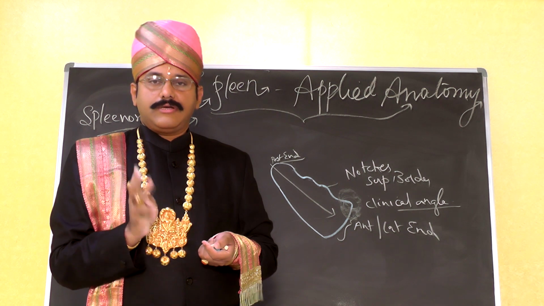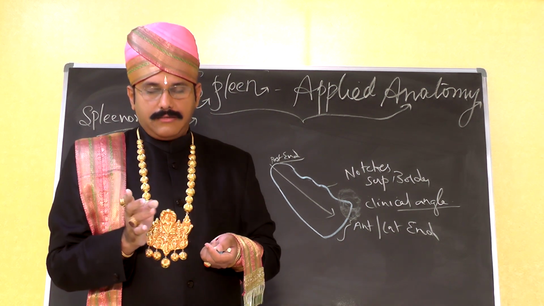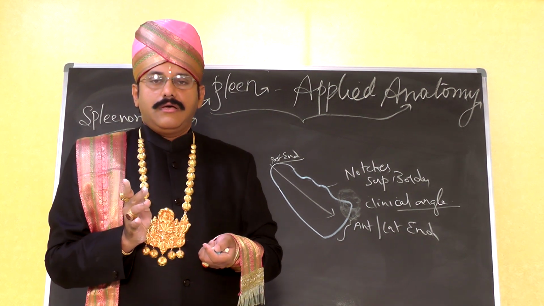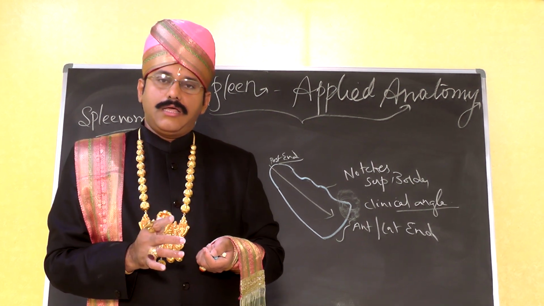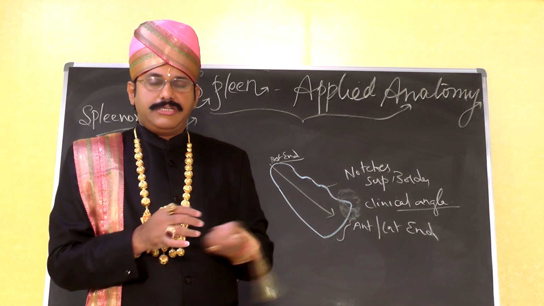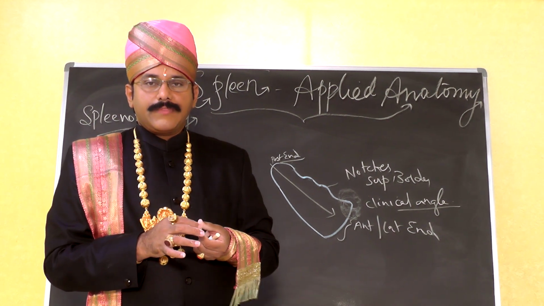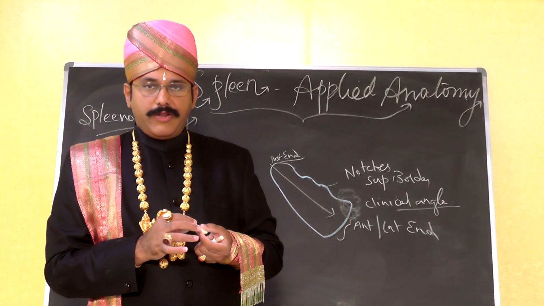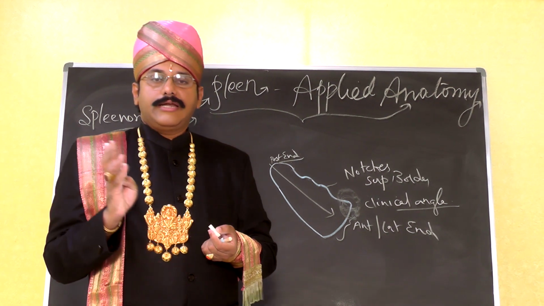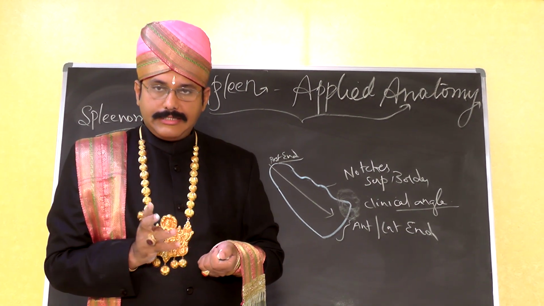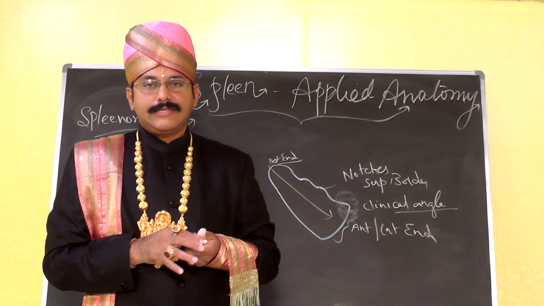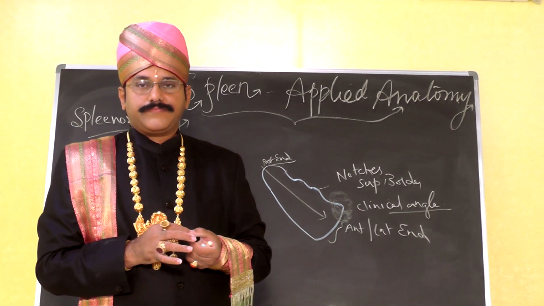In these conditions the spleen is enlarged, and that is called splenomegaly. Also in Hodgkin's lymphoma and non-Hodgkin's lymphoma, there is splenomegaly.